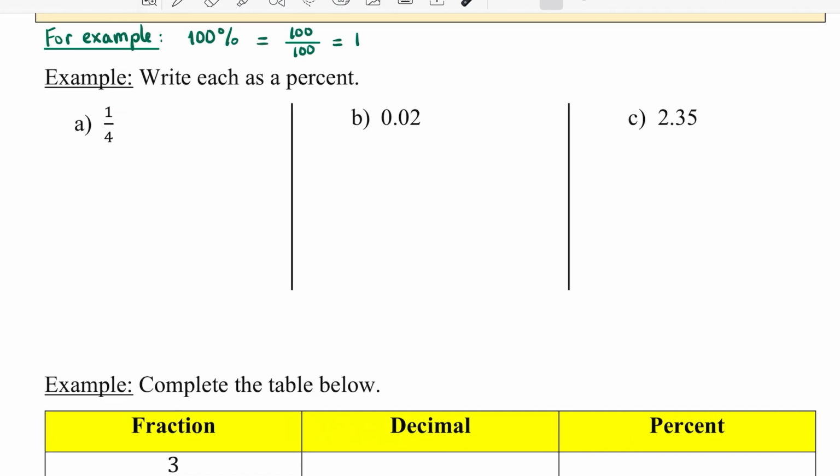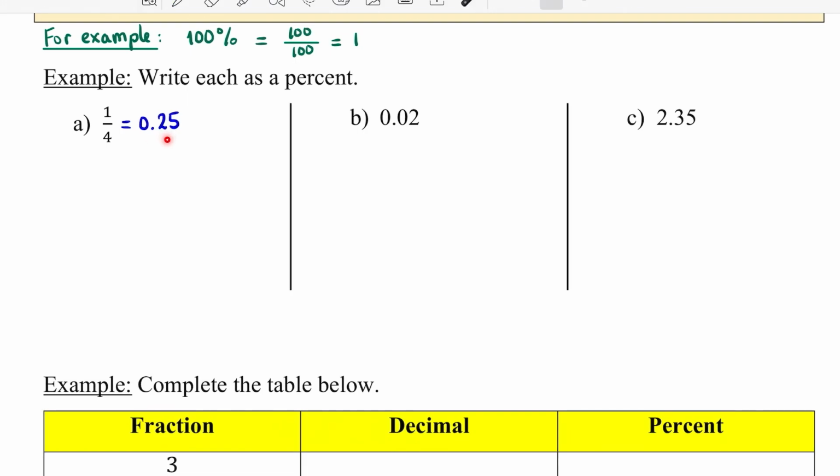To turn 1 over 4 into a decimal, I will take 1 divided by 4, and I get 0.25. 0.25 is equivalent to 1/4, and I will use 0.25 to write it as a percent.